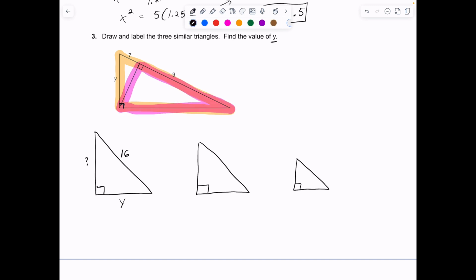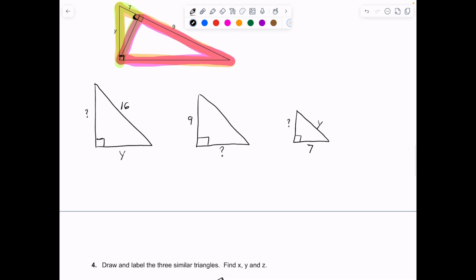My medium one, when I manipulate it, they didn't tell me what this is, but my height is 9, and I don't know what my hypotenuse is. And then for the last one, my smallest one, if I move that around, 7 is going to be my base. This is the right angle here. They didn't tell me what that one was, but the hypotenuse is y.